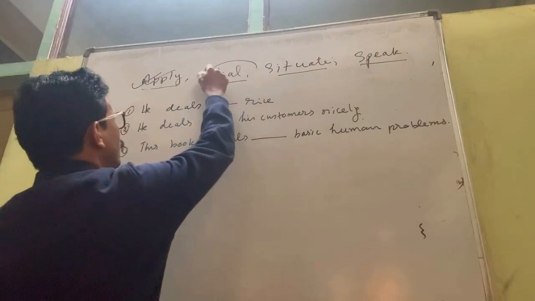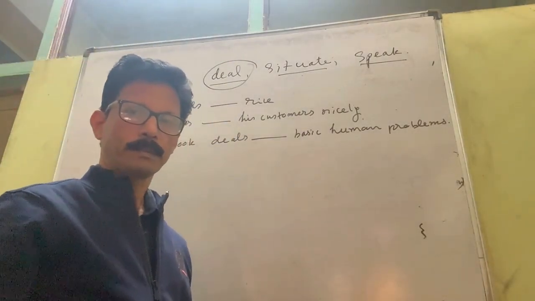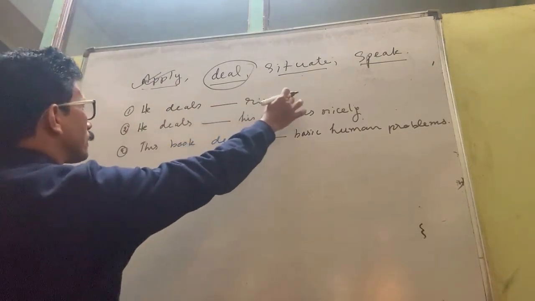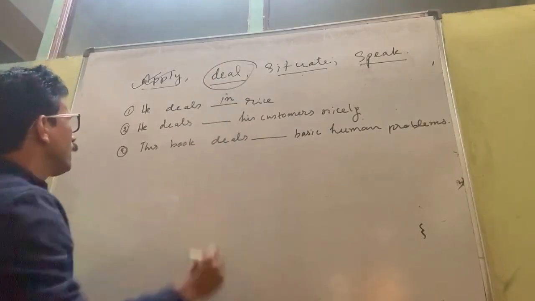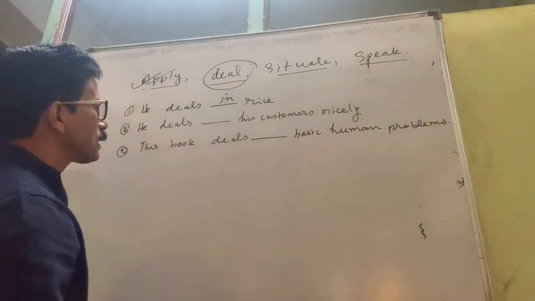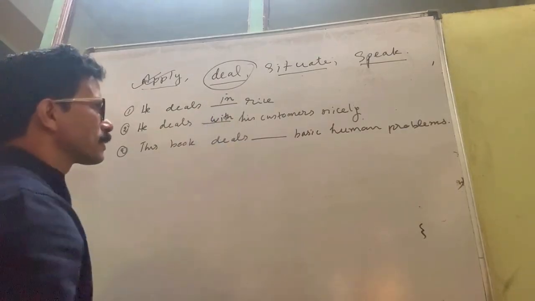Then you see deal. Deal is the next verb I am taking up. First one, you see deal dash rice. So it will be deal in rice. He deals in rice. Number two, he deals with his customers nicely.